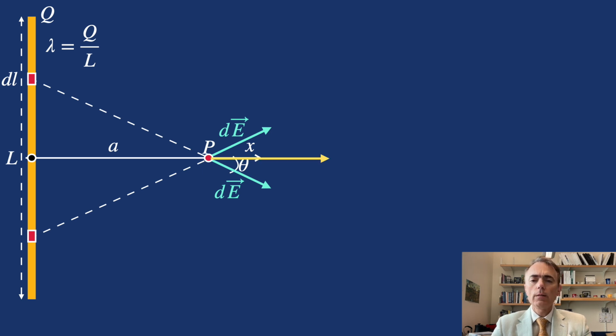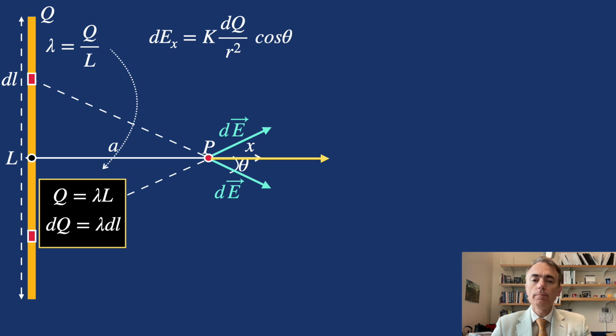So I only need to concentrate on the horizontal component and project the vector field into the horizontal component, which is dE equals k dq over r squared multiplied by the cosine of theta, where dq is lambda times dl.